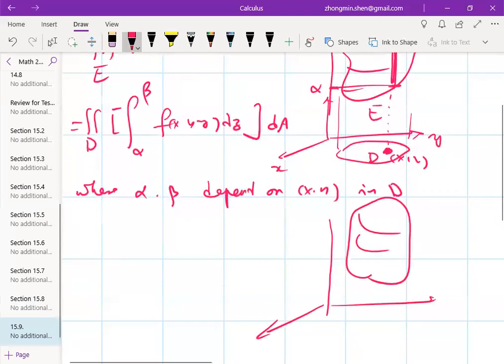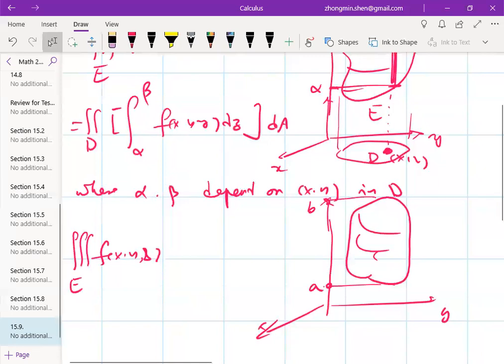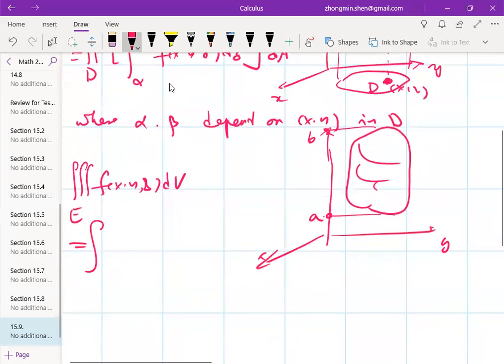this solid onto the z axis. So we have a fixed point here, and this is x, y. This time let's use A and B, it doesn't matter. So use the lowest point and the highest point of the shadow. Then this triple integral is going to be, first of all, a single integral dz.